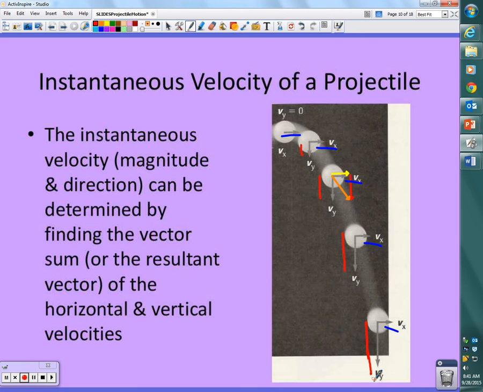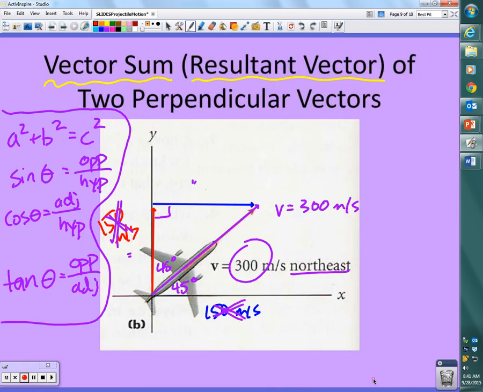And that's where we get into this idea of the vector sum, or the resultant vector. In the video, I kind of gave you guys this introduction: something that's traveling northeast is actually traveling both north and east at the same time. The resultant velocity, or its actual velocity, is a combination of the north velocity and the east velocity. But it's not just as easy as adding them together. Why?